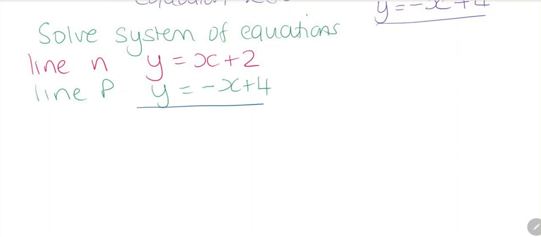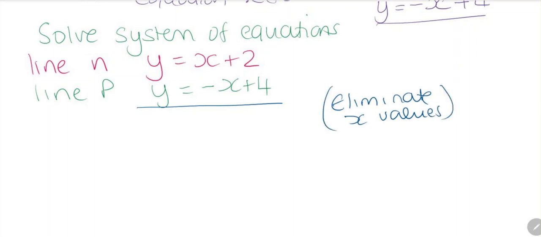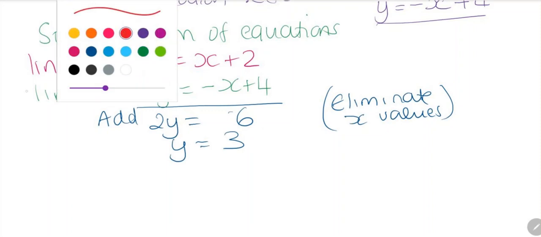So if we eliminate the x values, so we can find the y, we need to add. So y and y is 2y, x plus minus x is going to be 0, and 2 plus 4 is 6. So divide by 2 and we'll have the y value of 3.